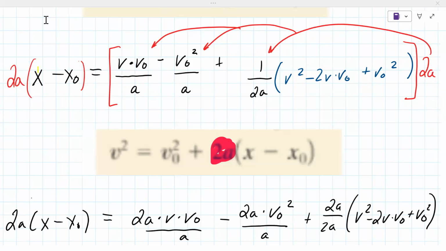How did you know to use the 2a? Only because it's in the final answer. But why the 2a and not, for example, the v0 squared? The only way you can get a 2a in front of x minus x0 is to multiply both sides by it, and it happens to clear the fraction, which it's supposed to.